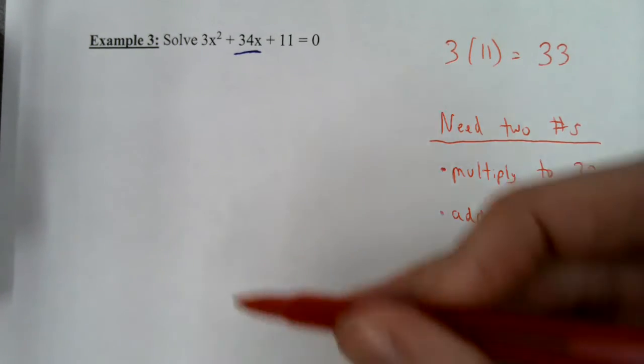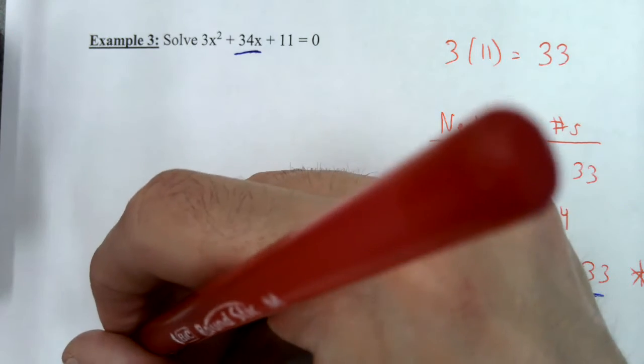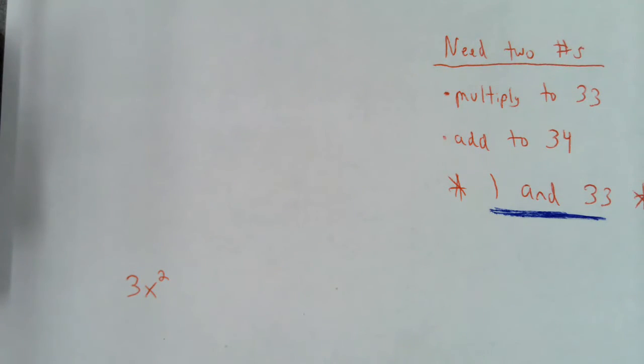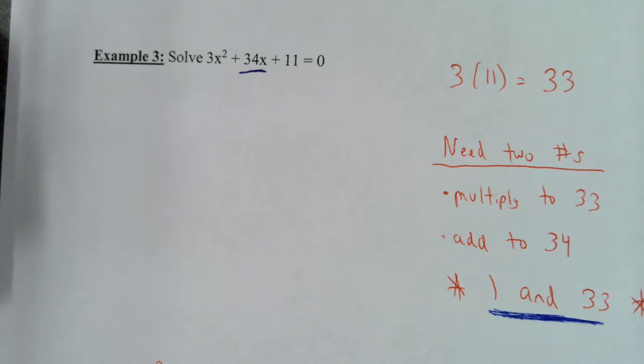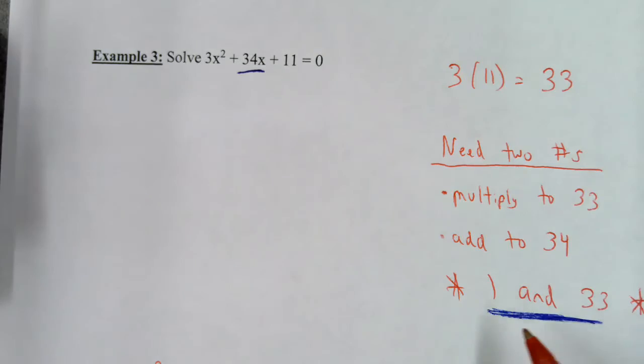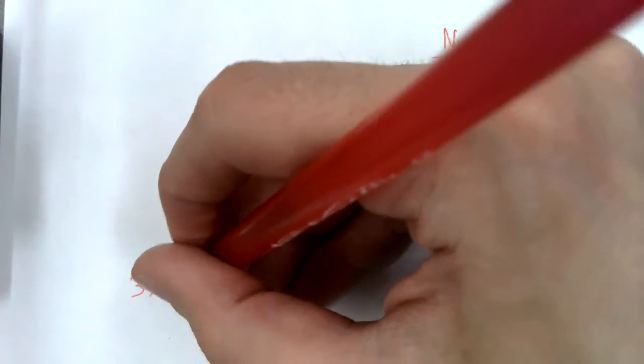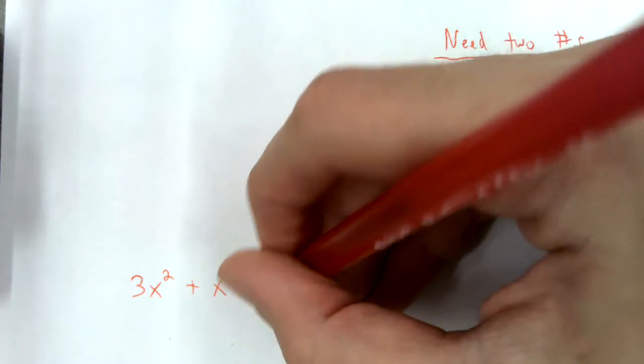So here's what I'm going to do for my next step. The 3x squared stays. You're going to replace the plus 34x up here with these two numbers, so plus x plus 33x.